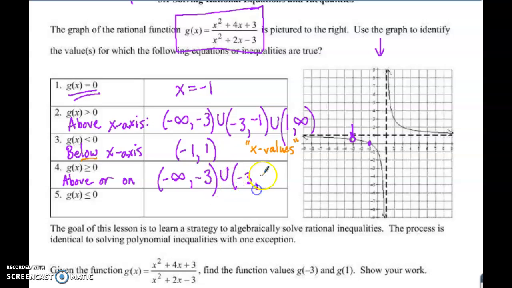But from -3 to -1, -1 has a bracket. And then at x equals +1, it's an undefined value there. It's not on the x-axis, to infinity. So definitely not as easy to do this compared to the previous unit. And then the last one, again, -1 is on the x-axis, but +1 is that vertical asymptote.